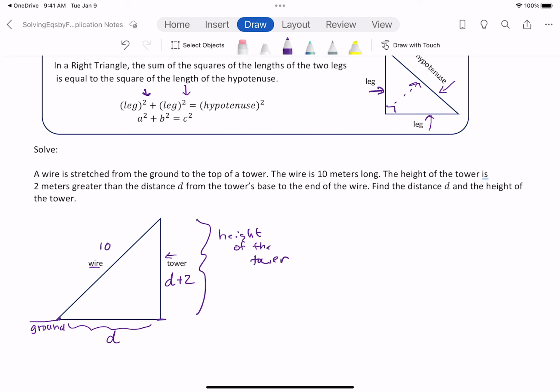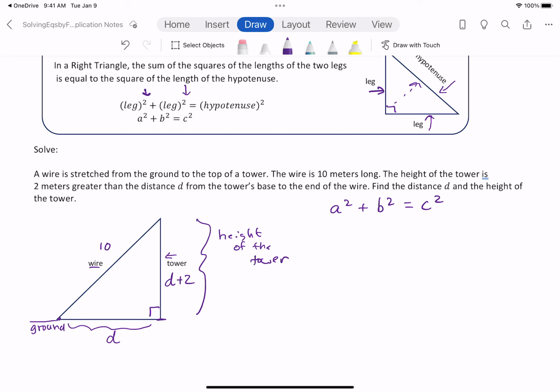So we know for the Pythagorean theorem with a right triangle, we can square the 2 shorter legs, add that together, and it should total the hypotenuse squared. So we're just going to substitute. It does not matter which one of the 2 legs you let be a and which one you let be b.